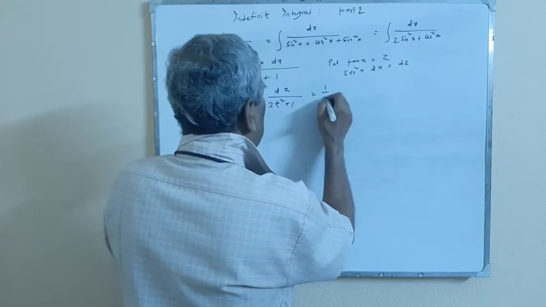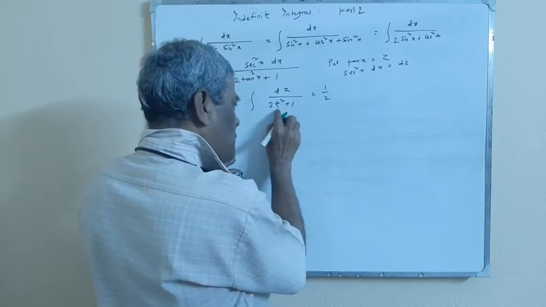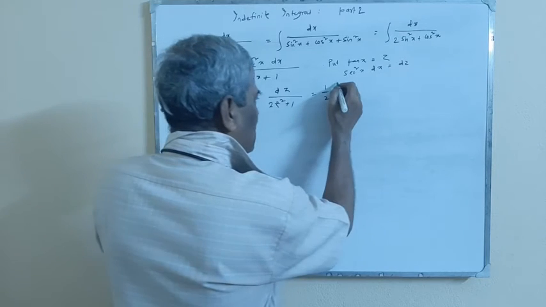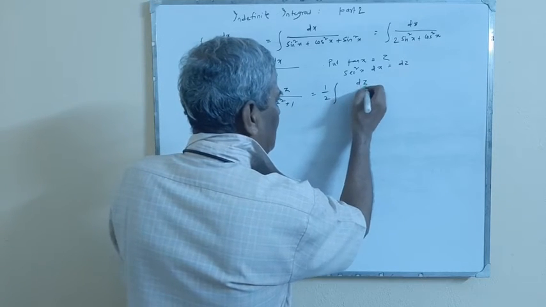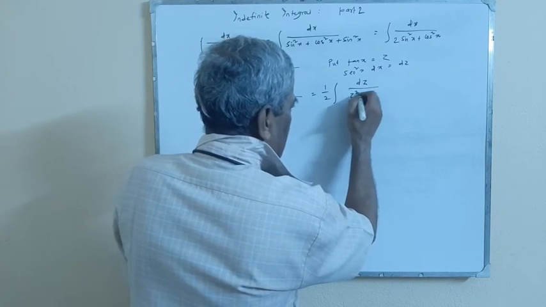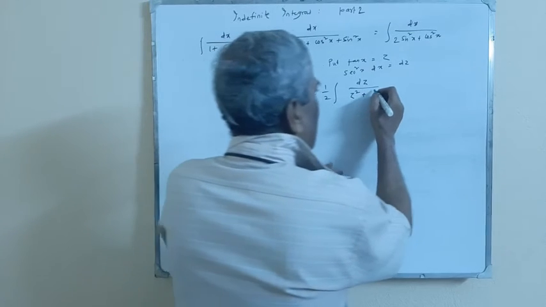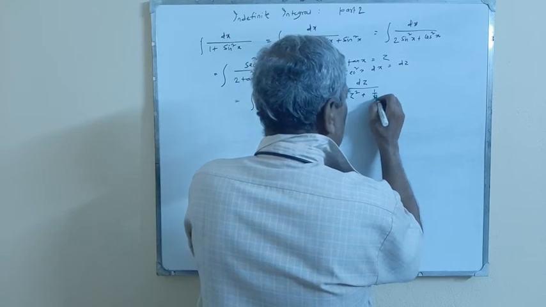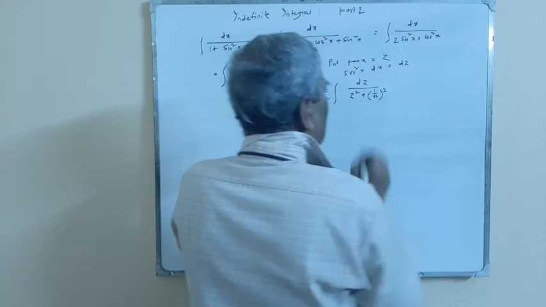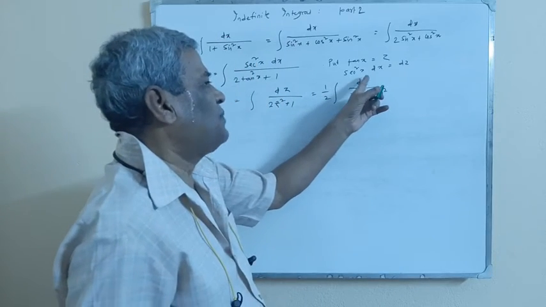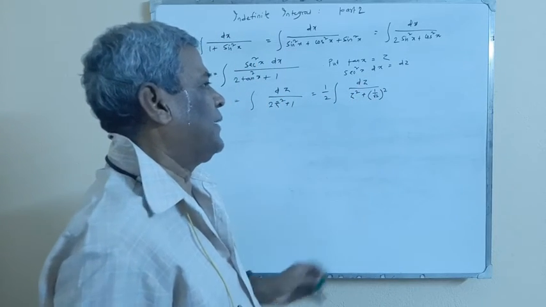It is 1 by 2. First you make the coefficient of z square 1, so dz by z square plus half. Half is nothing but 1 by root 2 whole square. So it is of the type dx by x square plus a square.